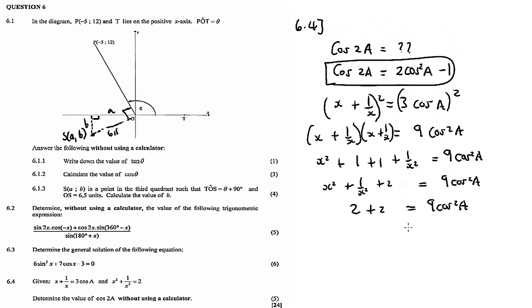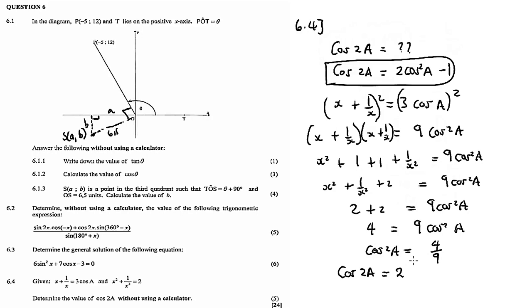Look now, look here. You can see that cos squared a comes out as a value, then I plug it in here, and I get the value for cos 2a. Here it is 4, equal to 9 cos squared a. So cos squared a is equal to 4 over 9. Then I substitute into this identity.